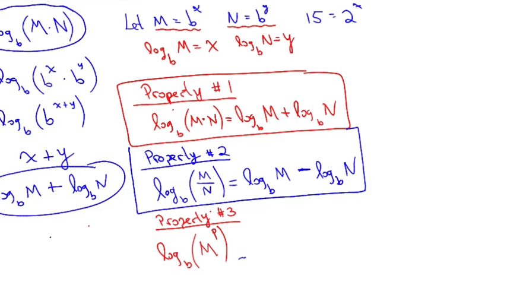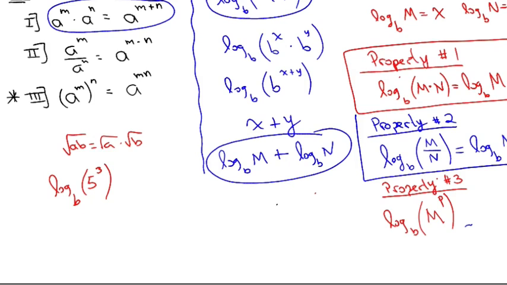5 cubed, right? This is the same thing as log base b of 5 times 5 times 5. I can use x here and have x times x times x. I don't want to know what the answer is. But if I apply property number 1 to it, it becomes log base b of 5 plus log base b of 5 plus log base b of 5.